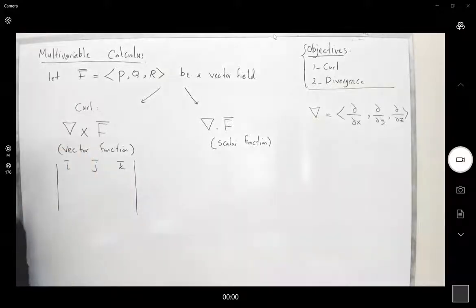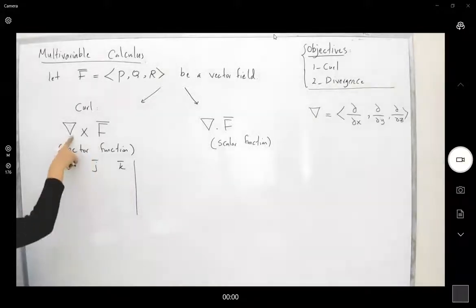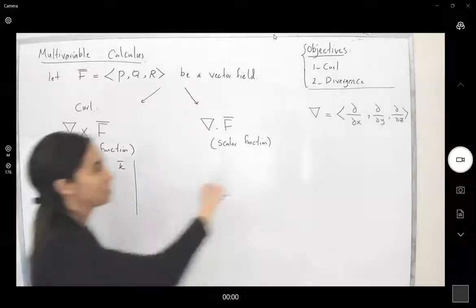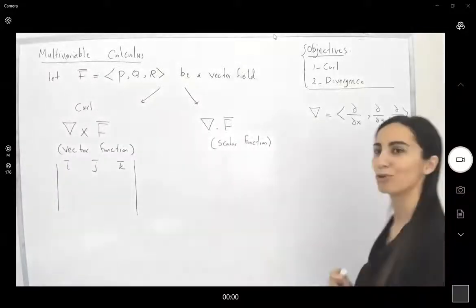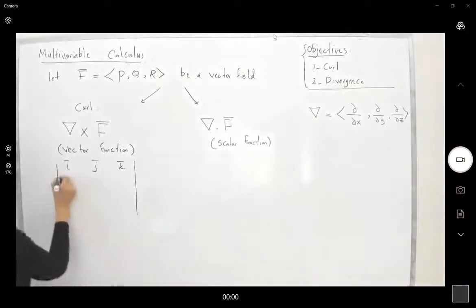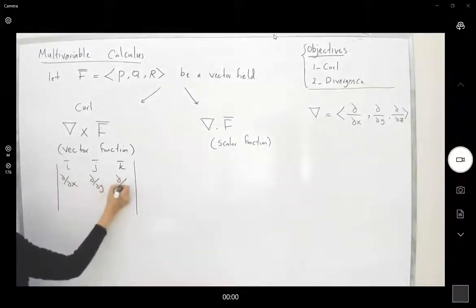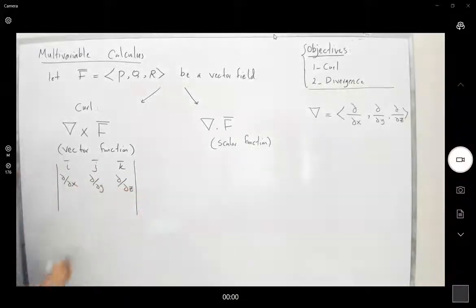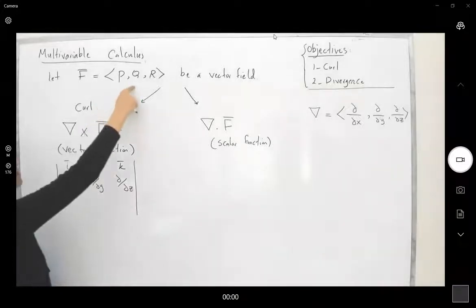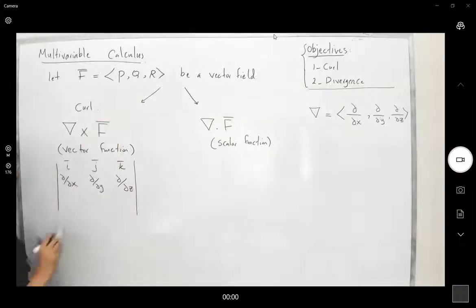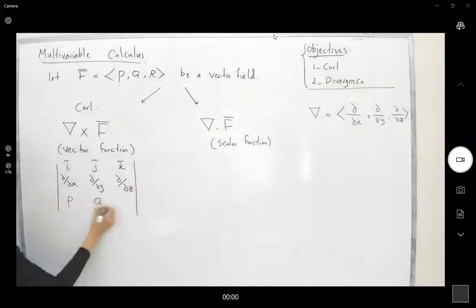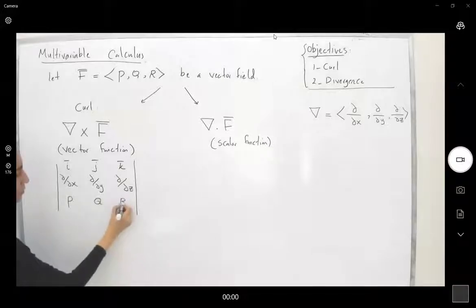Remember that when we are working with cross products, order is important. Since the gradient comes first, you have to write down the components of your gradient, which is partial derivative with respect to x, partial derivative with respect to y, partial derivative with respect to z, and on the last row, we're going to list the components of your vector field, P, Q, and R.